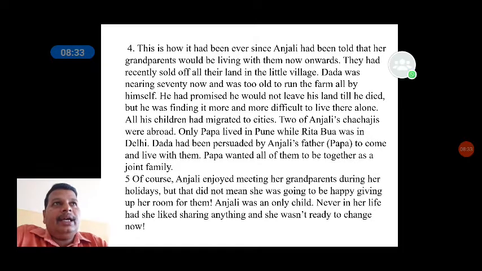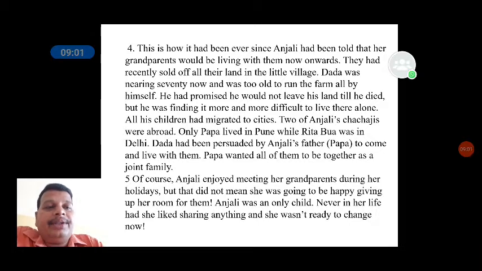If we work in the agriculture field, we can't do all the work by ourselves because of age. Grandparent means Dada reached 70, and he was too old to run the farm all by himself.